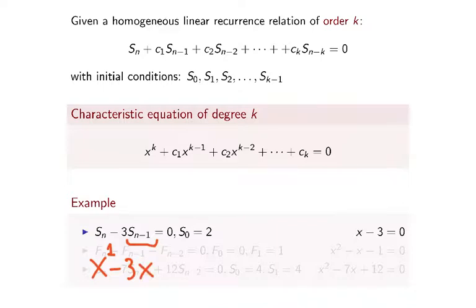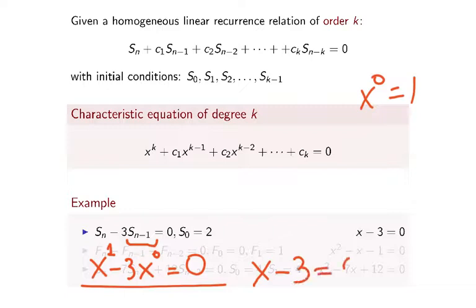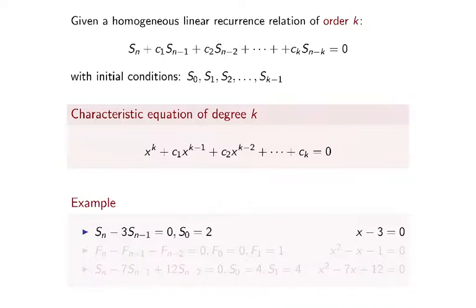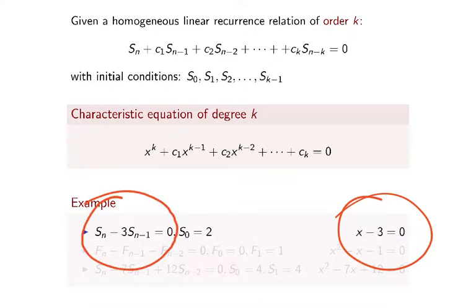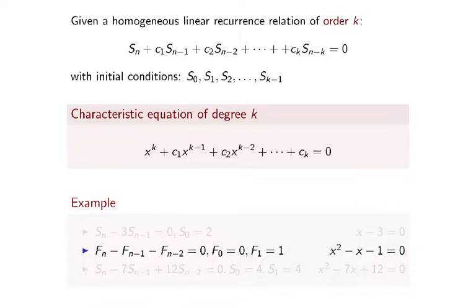If the one before was 1, this is going to be 0, equals 0. Since x to the 0 is 1, this equation can be read simply as x minus 3 equals 0. And this is the characteristic equation associated to this relation. Let's see the other examples that we were working with.